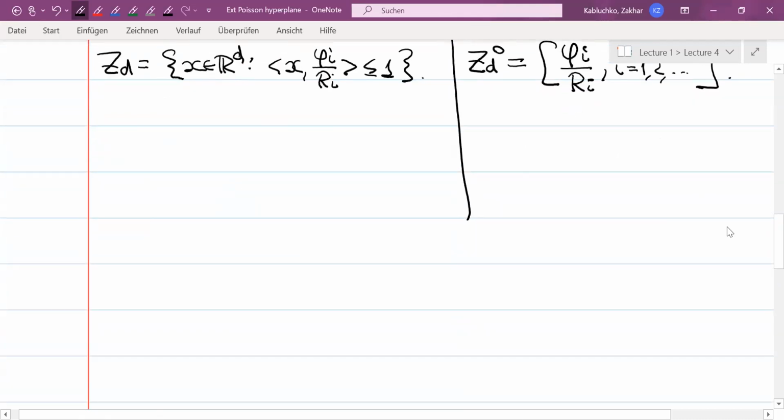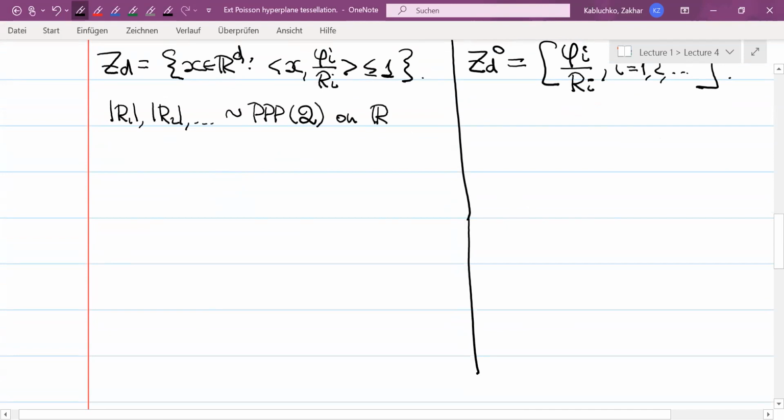And now, geometrically, we have the following situation. Here we have our distances. So R1, recall that R1, R2, and so on are distances. Maybe it's more convenient here to consider the distances without the signs. And they form a Poisson point process with intensity 2 on R plus.